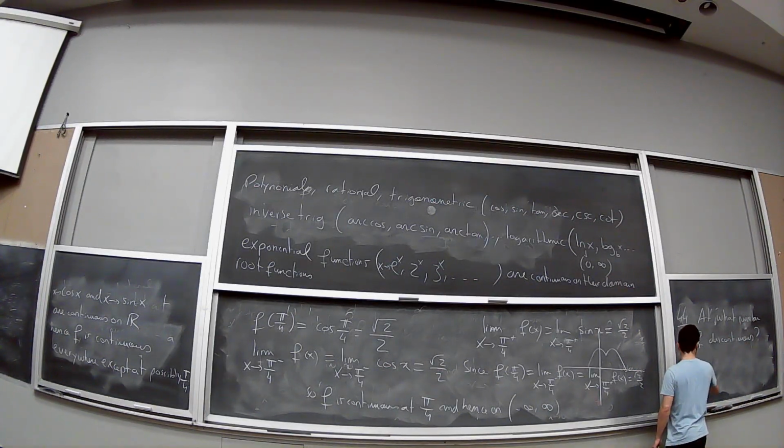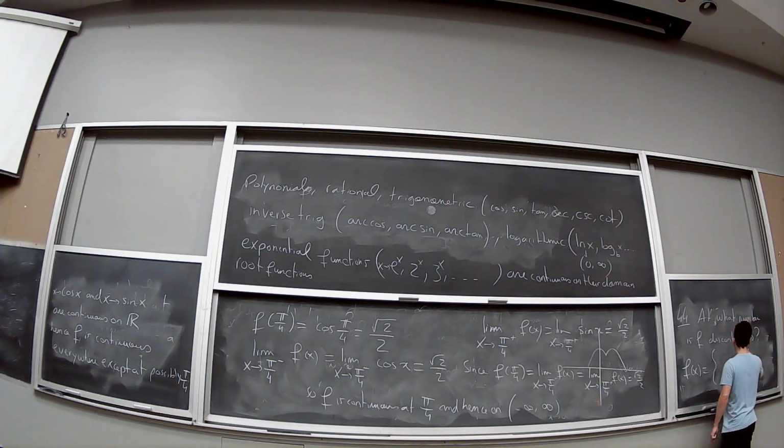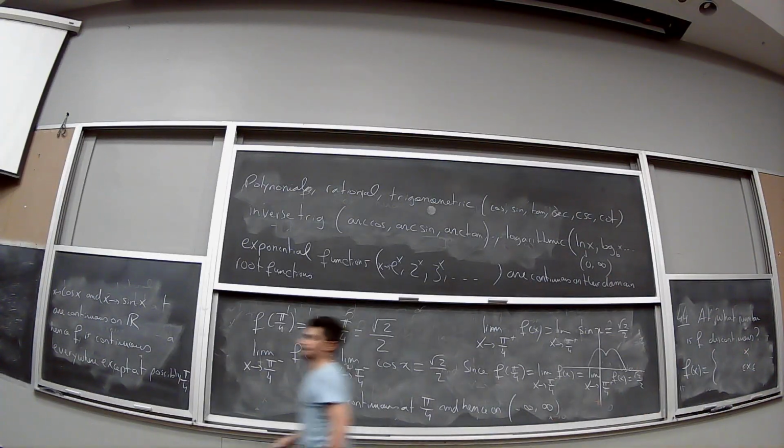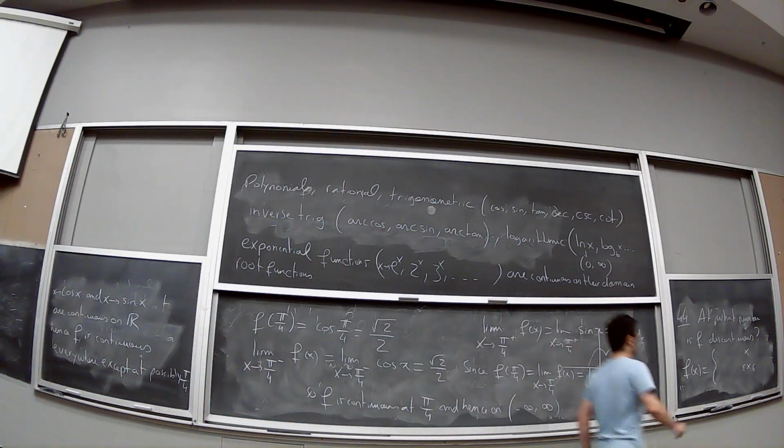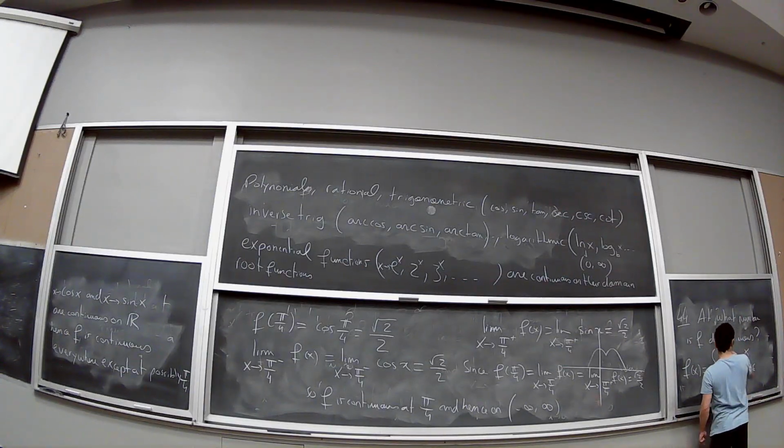So f of x, okay, just let me double check here. 3 minus x, 2 to the x. 2 to the x here, 3 minus x here, and radical of x, x strictly bigger than 4. Okay.